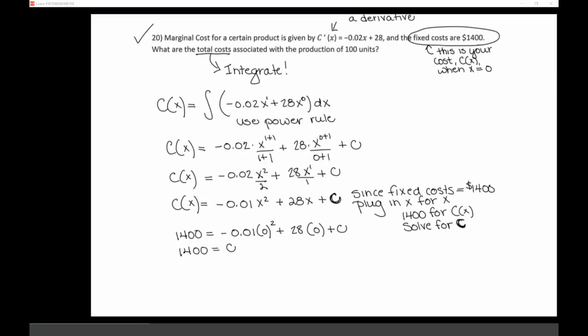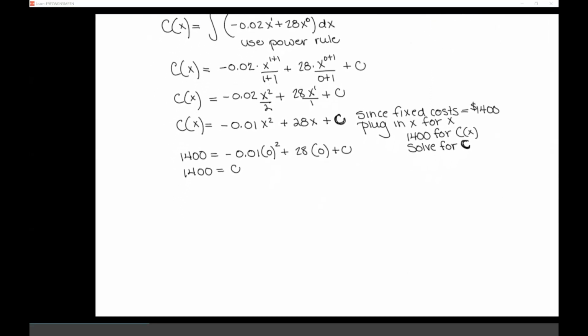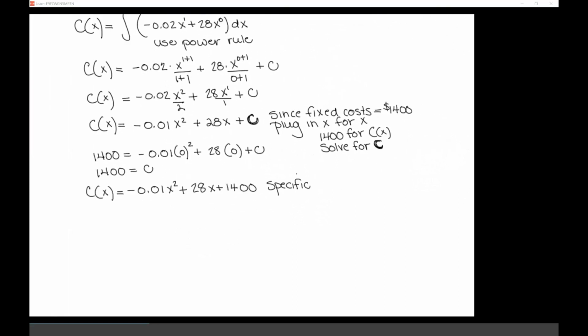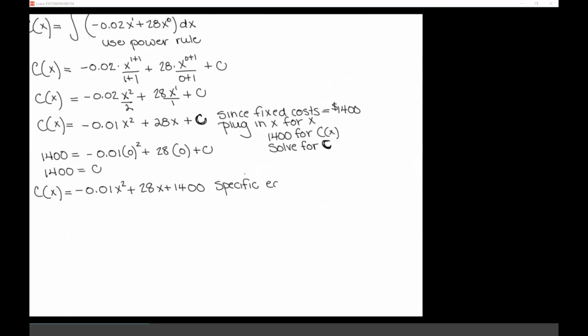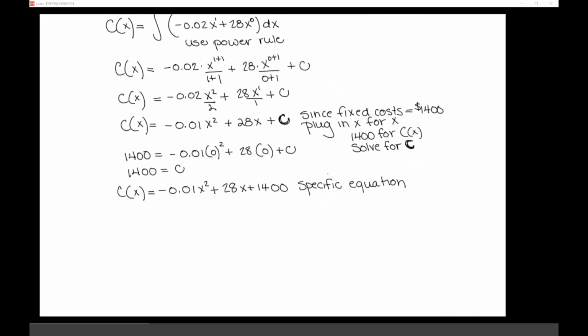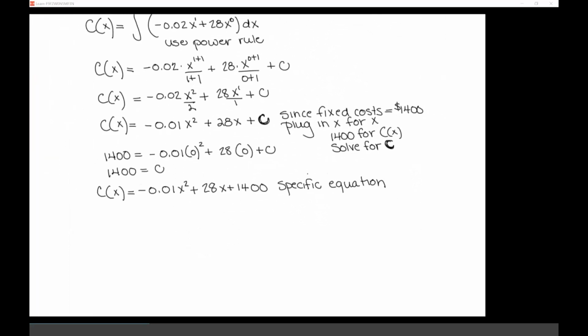So now I have an exact equation for my total cost, which is negative 0.01 x squared plus 28x plus 1,400. Okay, so specific equation. Because remember, when we did the antiderivative, we got a whole family of functions, okay? And this nailed it down to exactly one function.